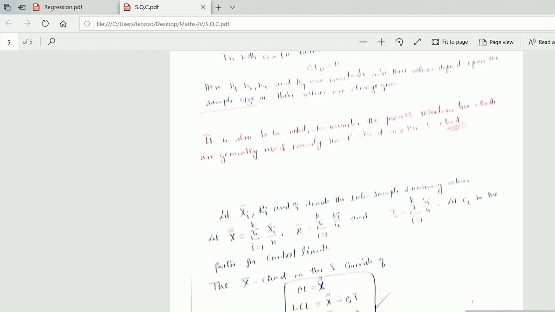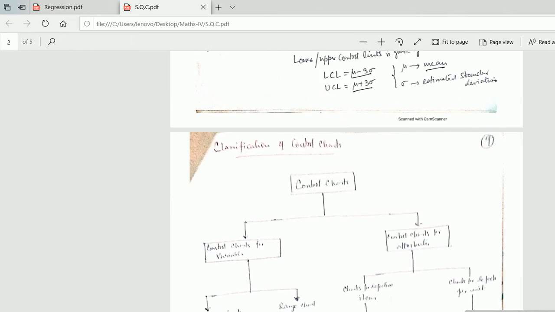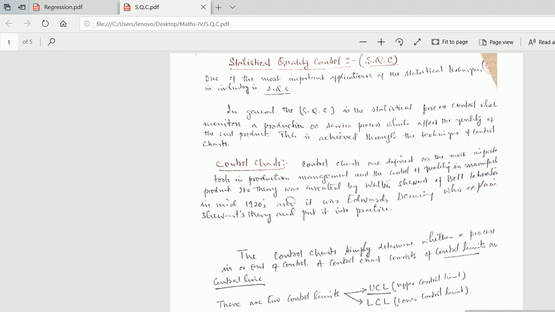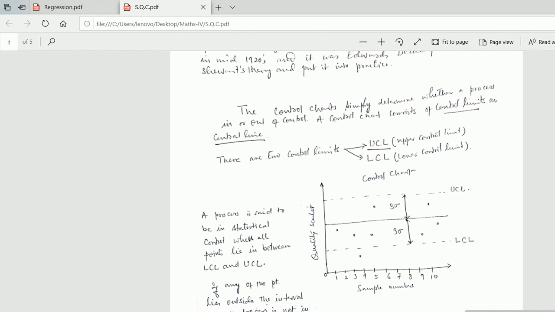The rest of the charts and the related values will be discussed in the next lecture, whichever number it is. So this is all about statistical control, quality control and control charts: where it is used, how to use it, and what the different charts are and how to find them.